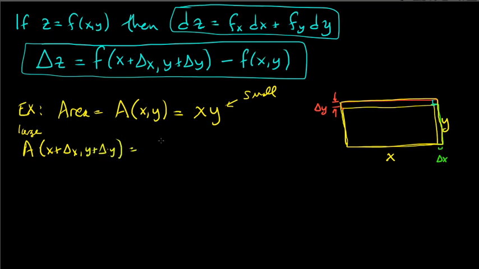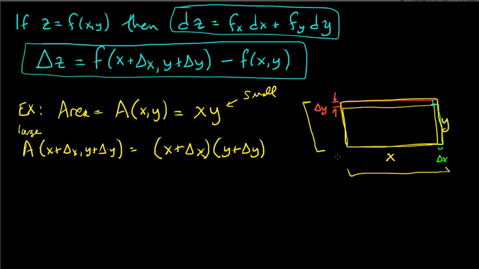So you just multiply X plus delta X, that's the new length, times Y plus delta Y, that's the new width. Make sense? So what's the difference?